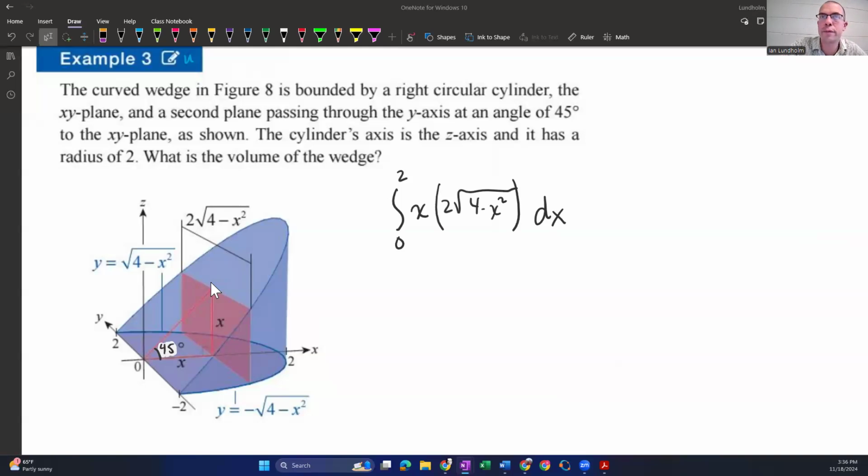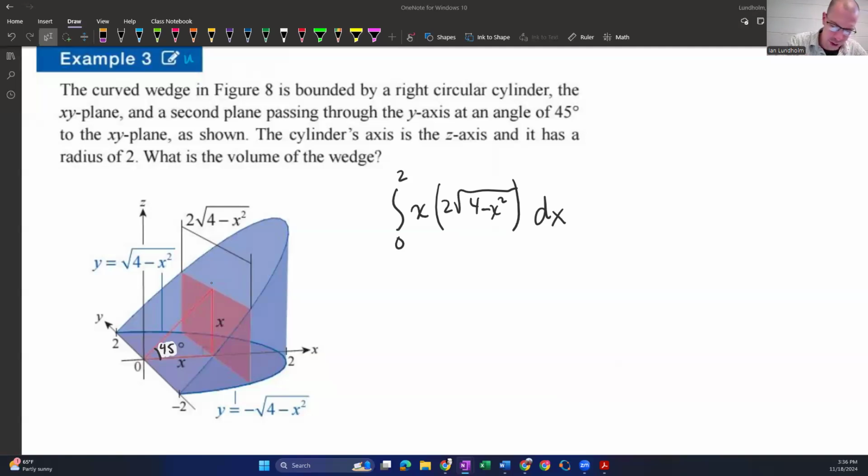And that should be a good formula for the area of a cross section, because we just have a rectangle this time. It's not too fancy. So if we set up this integral, we might initially wonder how we're supposed to solve this. If we think back to Monday, this is a U substitution problem. So let's go ahead and do that.